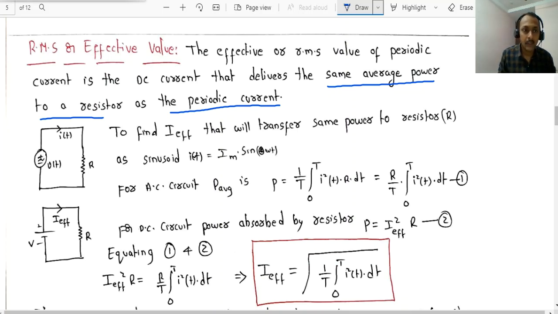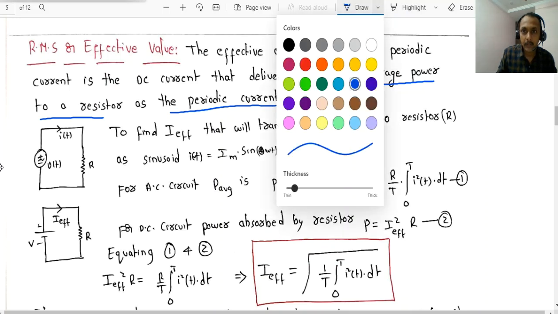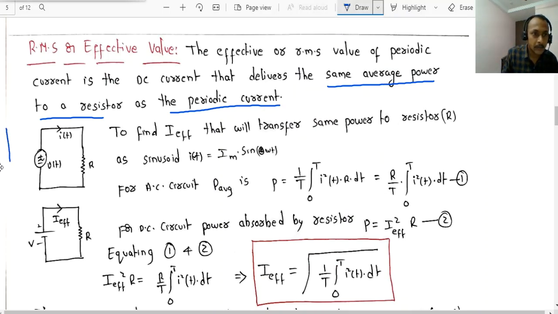For example, in this circuit, if you are applying some alternating quantity, a sinusoidal waveform like this, and for example, if the peak value is 311 volts, some current will be flowing through the resistor, and some power will be delivered to the resistor.